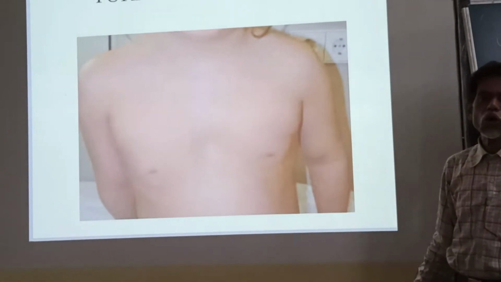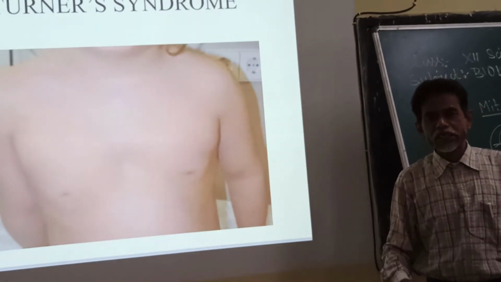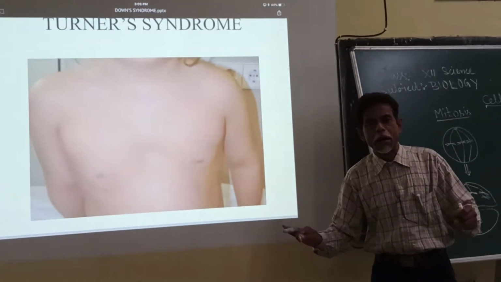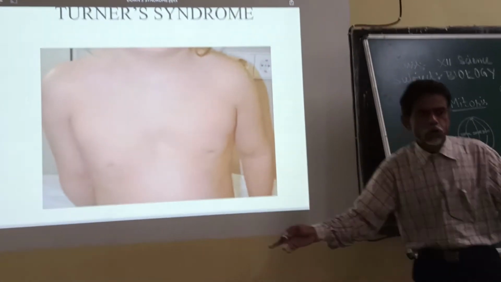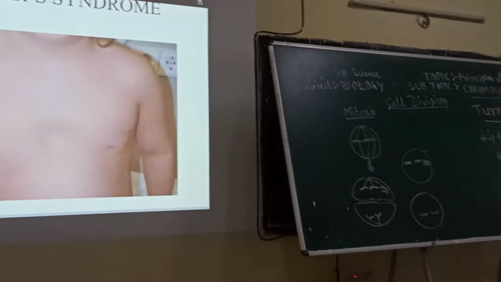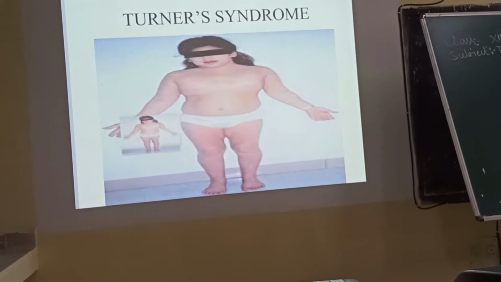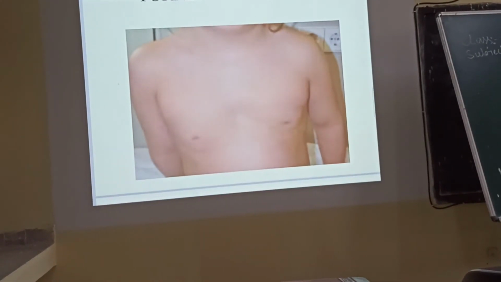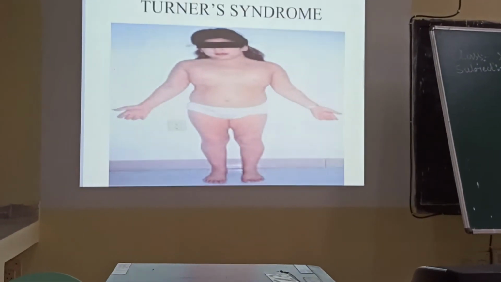The breast is rudimentary, the external genitalia are very poorly developed, and they are sterile. Once more I will show the previous clipping also. This one and this one are both clippings of Turner syndrome.